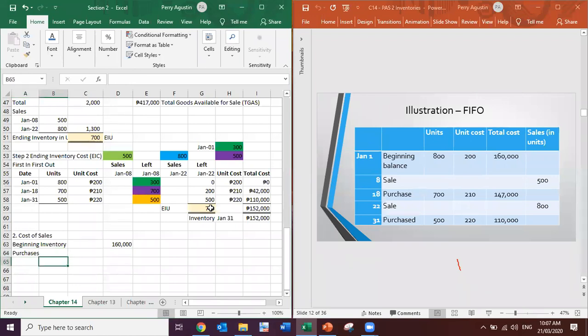We just simply add all our purchases from January 18 and January 31. So our inventory is 147,000 and 110,000. So we just simply add that. So 147,000 and we have our 110,000. Okay. We have to add the two.